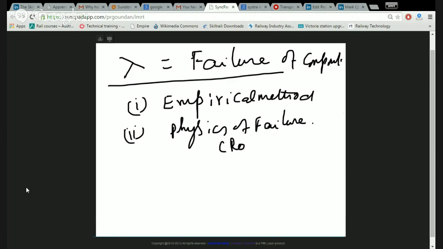Here is where the root cause and failure mechanism come in. And the third method is live testing.